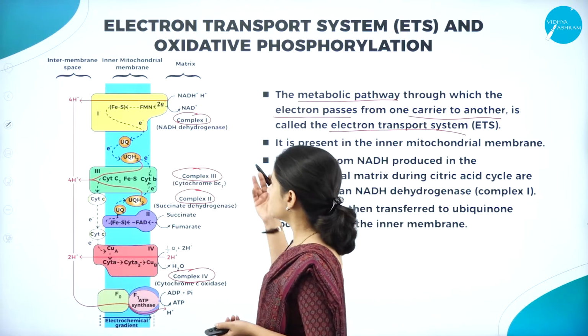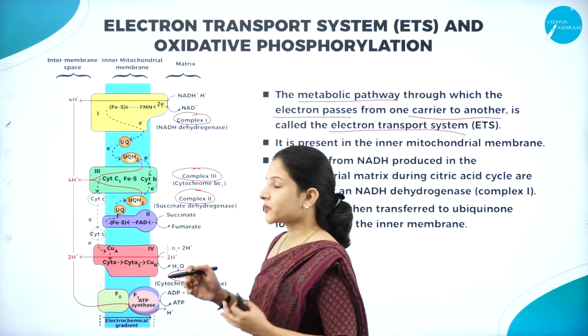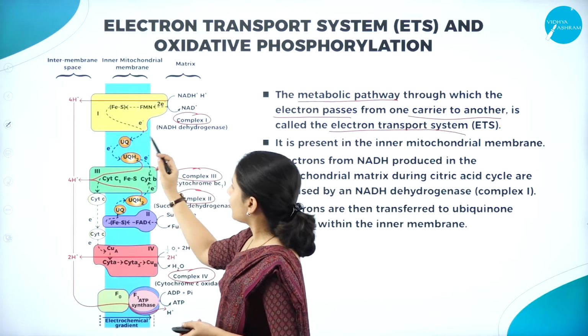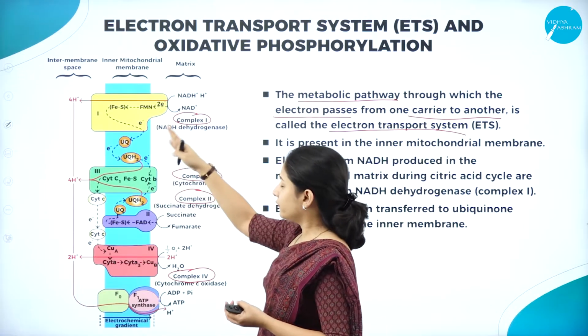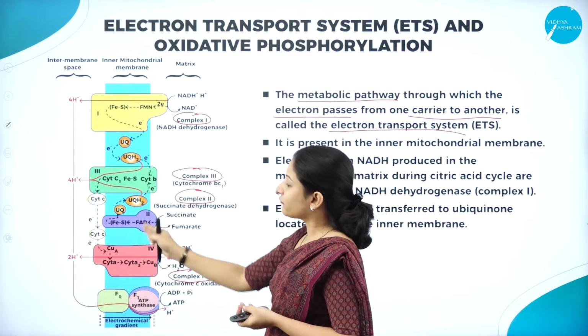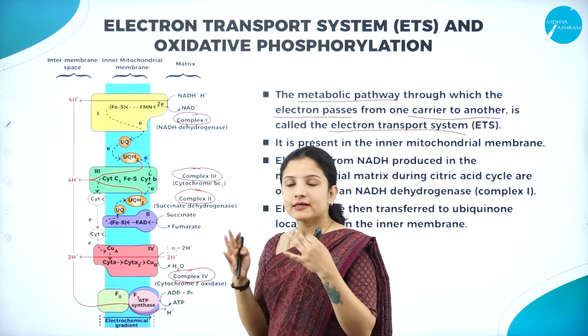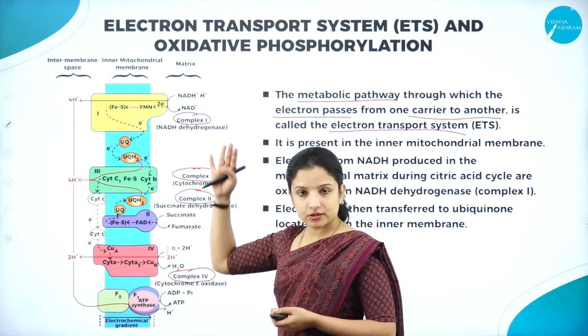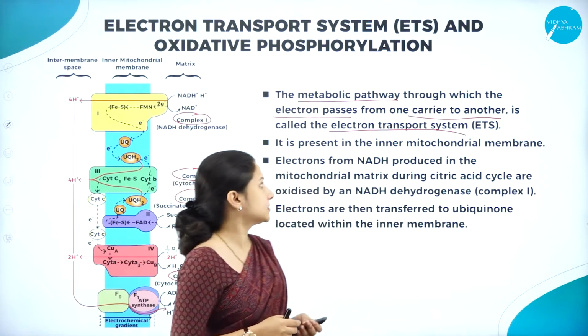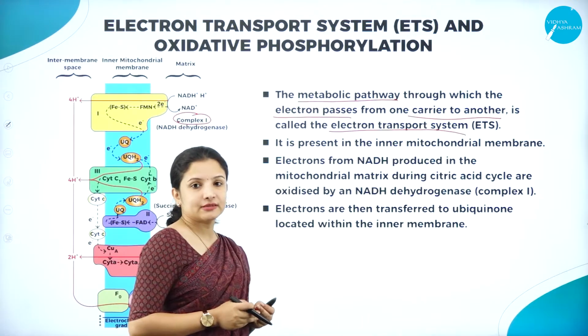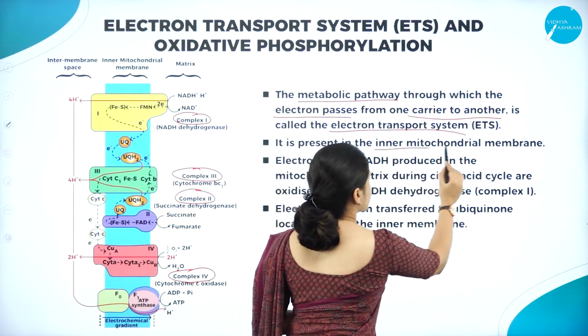Through these different complexes, the electrons are being carried, and it results in a chain or a system of movement of electrons. Therefore, this pathway is called the electron transport system, and it is present in the inner mitochondrial membrane.